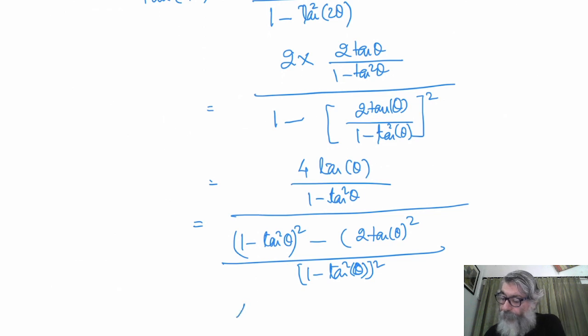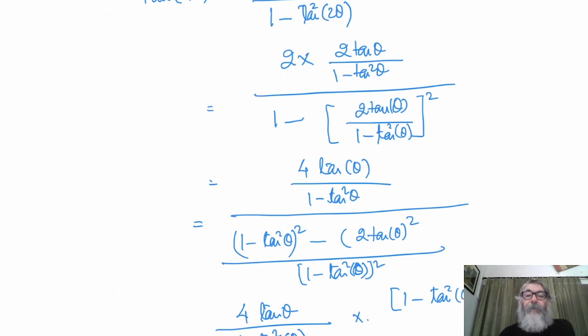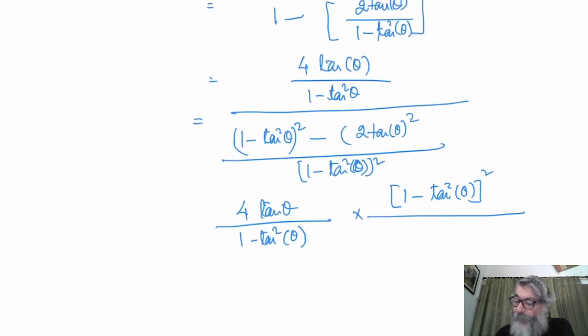Now it will be 4 tan theta upon 1 minus tan square theta. The 1 minus tan square theta whole square will go in the numerator, and this we will have to open out. A minus b whole square is a square plus b square minus 2ab.